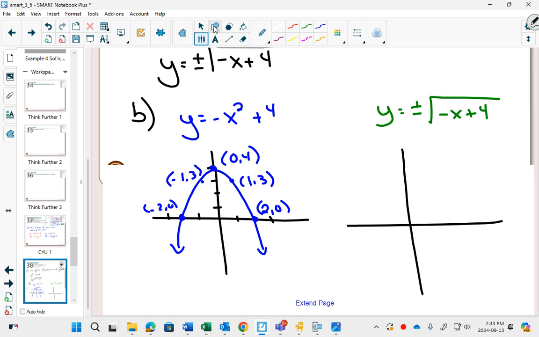It is not hard to switch the x and the y. So on my green graph, I'm going to have 4, 0. I'm going to have 3, 1 and 3, -1, 0, 2, and 0, -2.